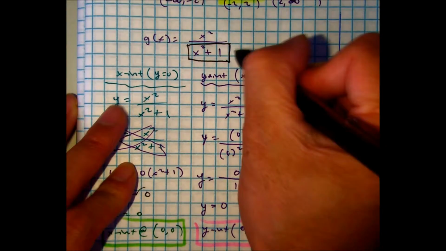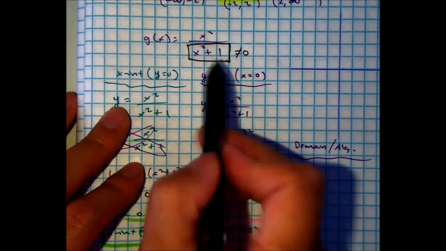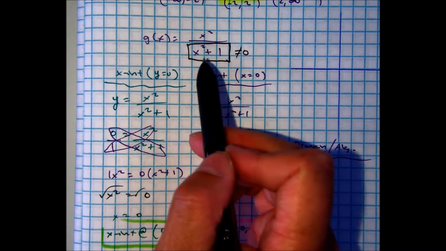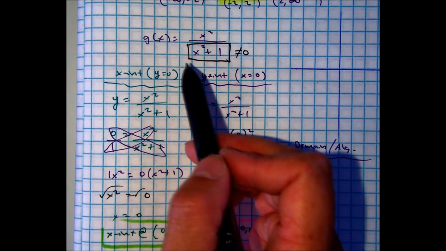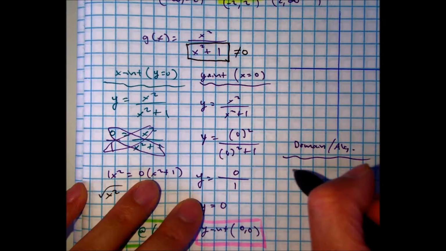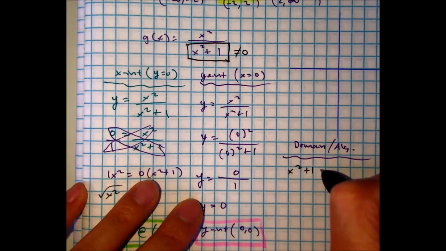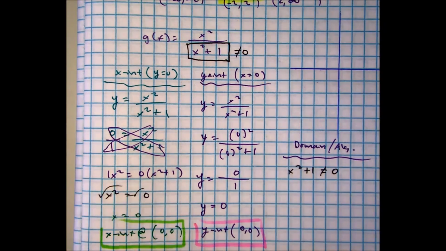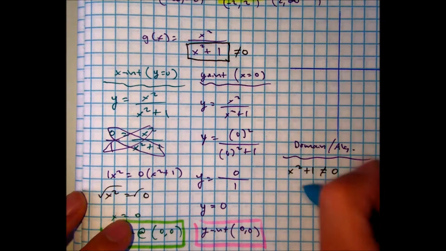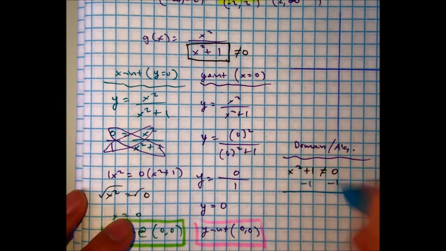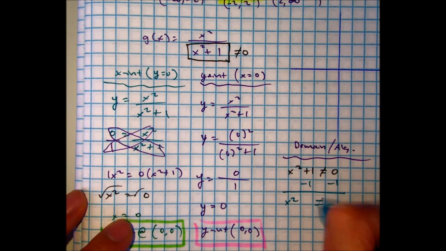We want the denominator not equal to 0. Remember, this is a polynomial, not a square root. Okay? So x squared plus 1 not equal to 0. If I subtract 1, I get x squared is not equal to negative 1.